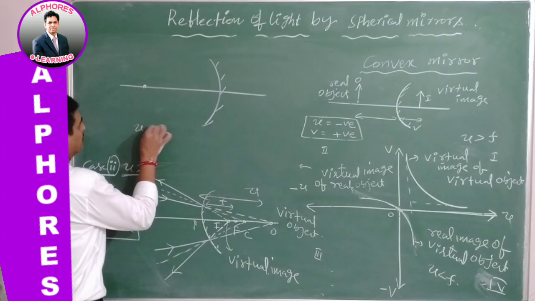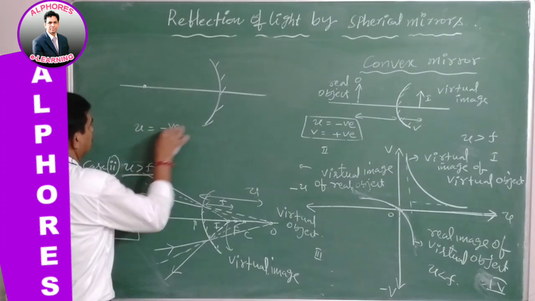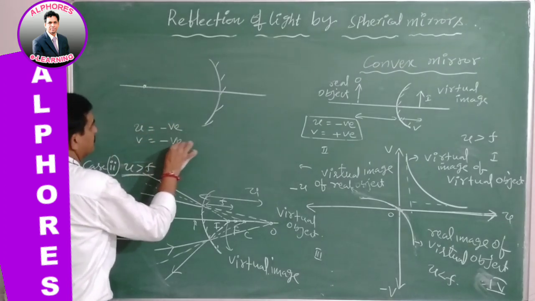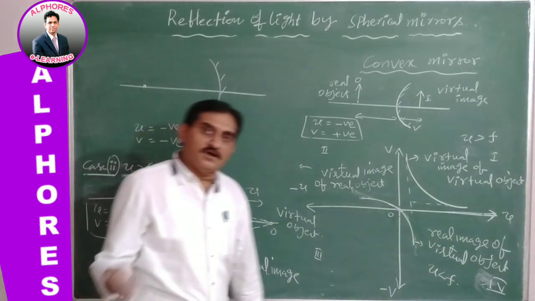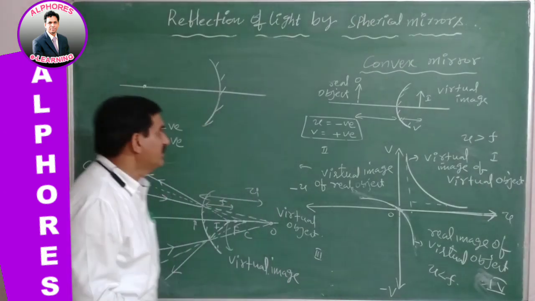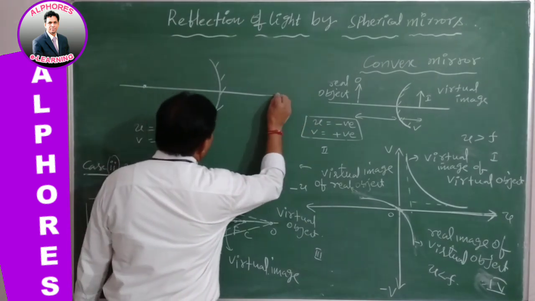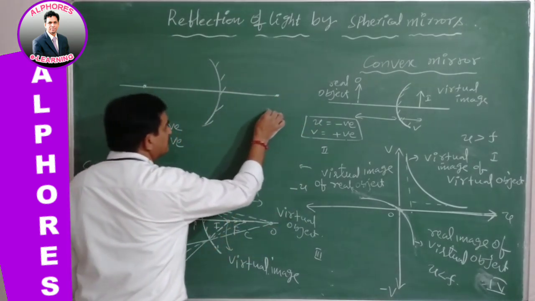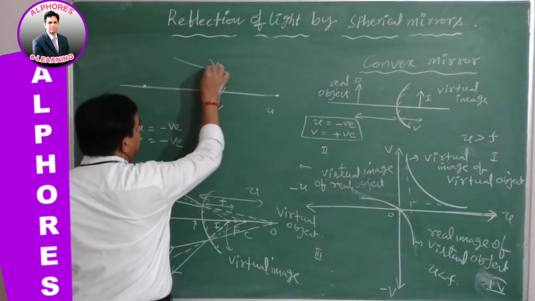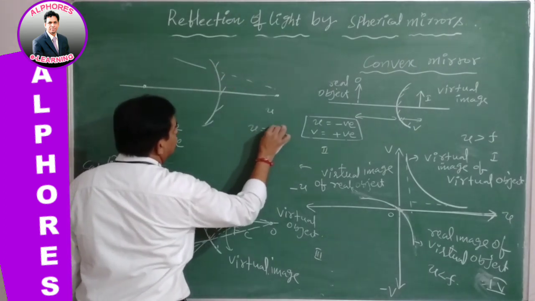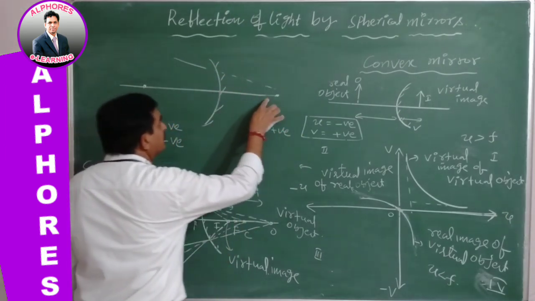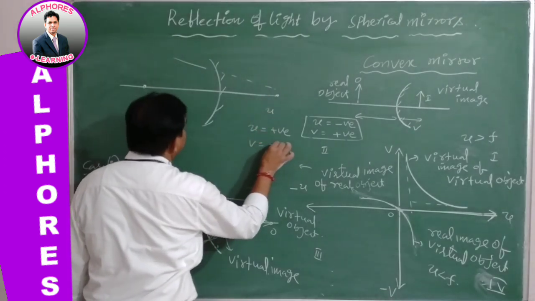Their values are u negative and v negative. If either object or image, both are behind the mirror, on the other side, the object is a virtual object and is taken to be positive, and the image is a virtual image, v is taken to be positive.